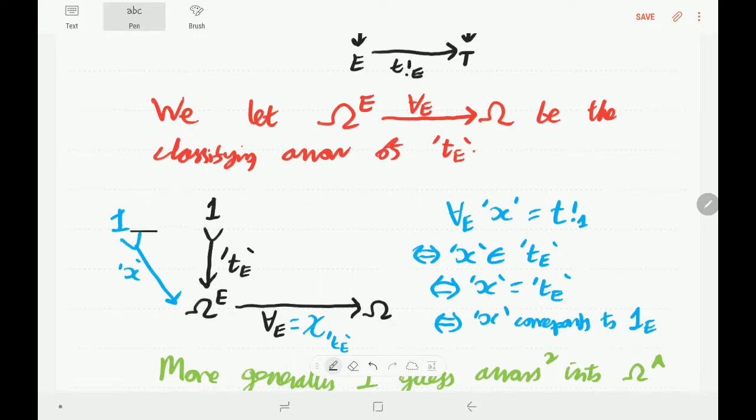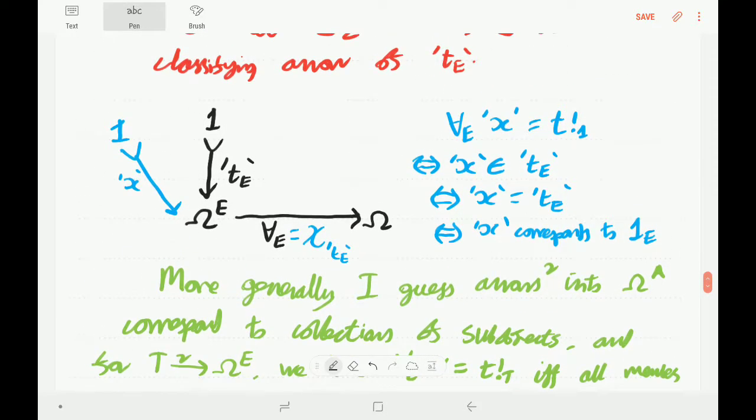In other words, we can represent it as a point of omega to the power of E. And now, if we have that for all E, name of X is true, that's equivalent to saying that name of X is in T of E. And since these are both arrows from terminal objects, that's equivalent to saying name of X is equal to T of E. Which is equivalent to saying that this name of X corresponds to the maximal subobject of E. Okay?